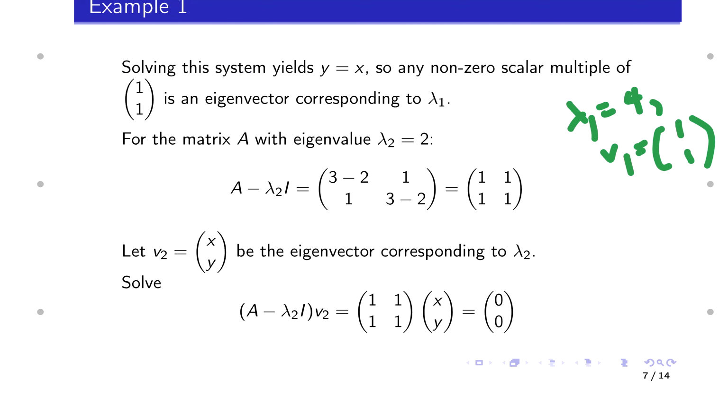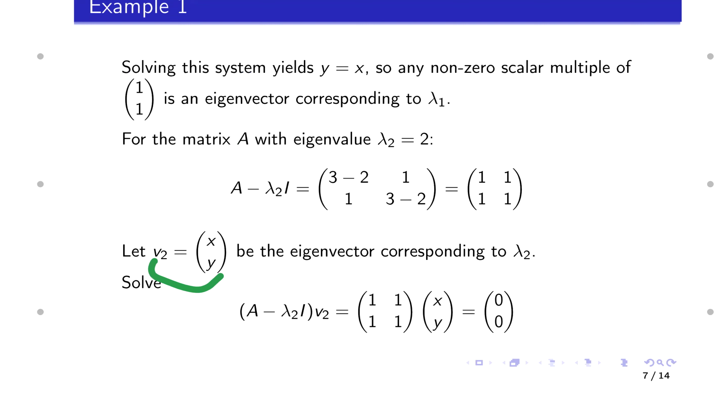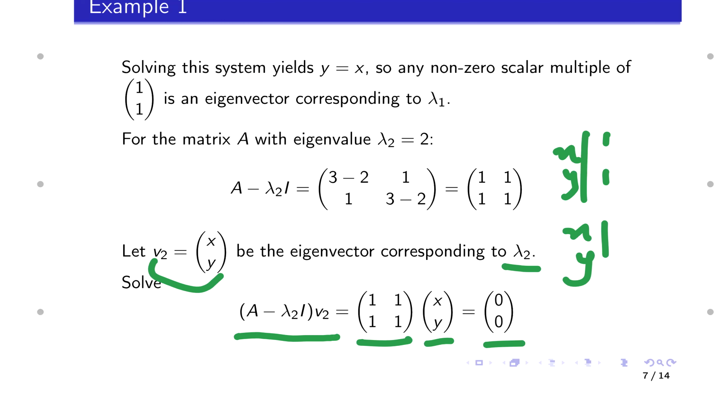In that case, let V2, which we are looking for, be x, y. Let it be the eigenvector corresponding to lambda 2. So we have A minus lambda 2 I multiplied by V2 equals 0, where A minus lambda 2 I is 1, 1, 1, 1, multiplied by x, y, all of that equal to 0, 0.